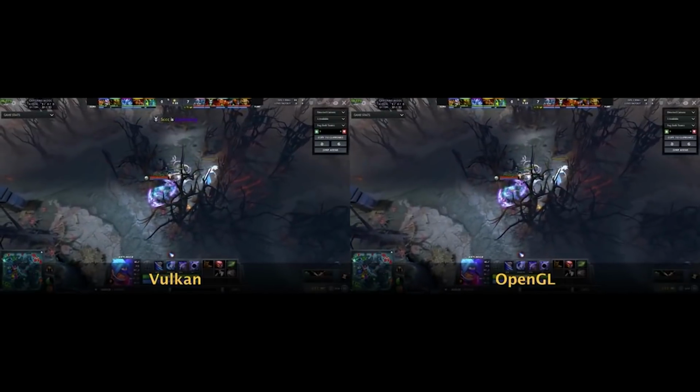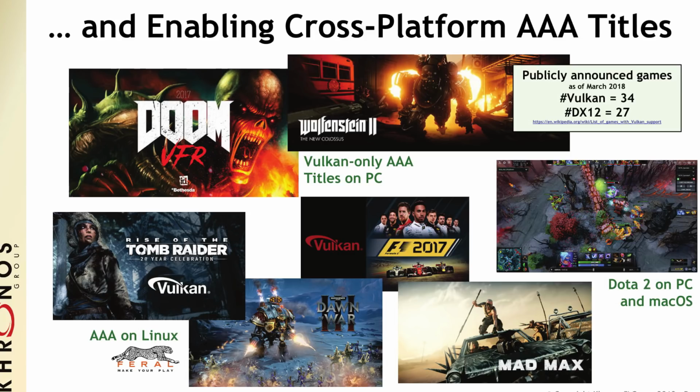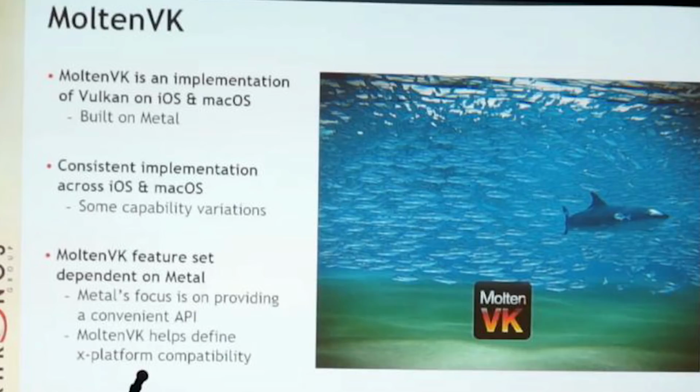But for developers, it creates an issue, because if you want to have a multi-platform application and you suddenly have to support 2 or 3 rendering backends, that can significantly increase your porting and support costs. So the number one question we get from developers is, when is Vulkan going to be available on Apple platforms?